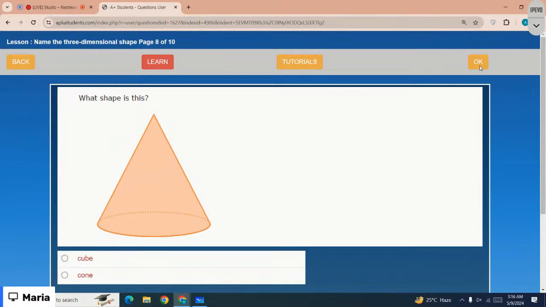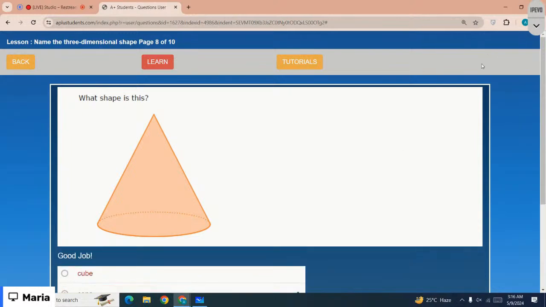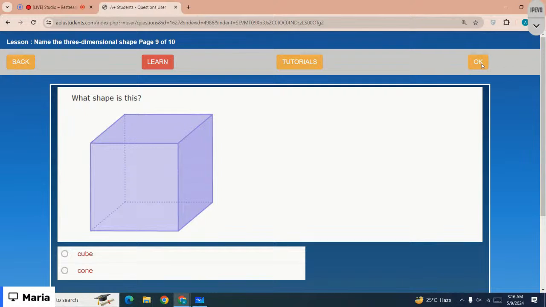What shape is this? Cube, cone. Yes, cone it is. The correct option is cone. What shape is this?